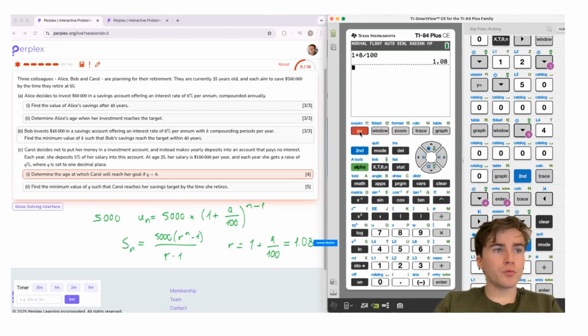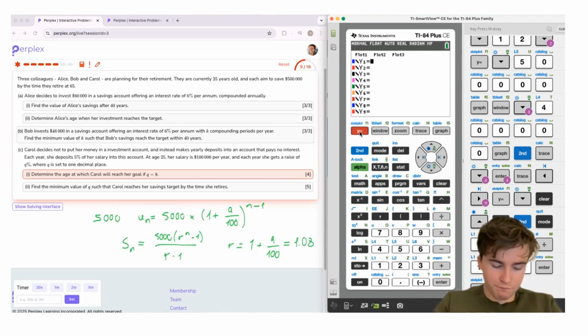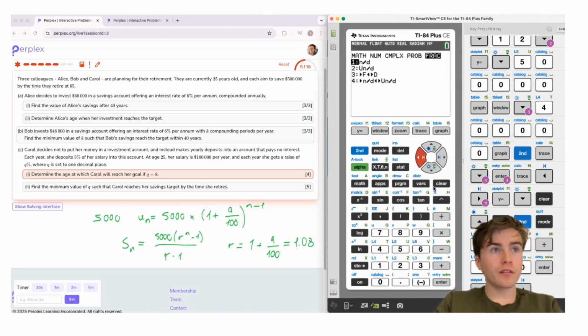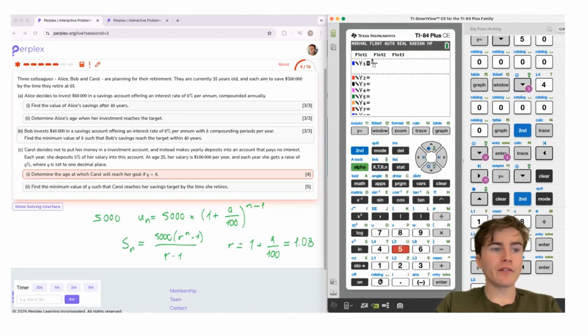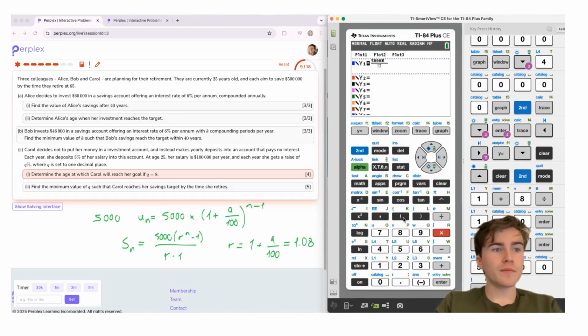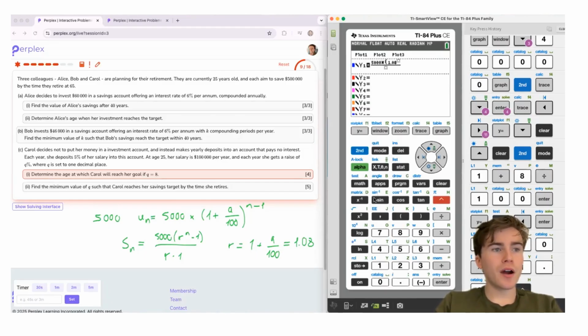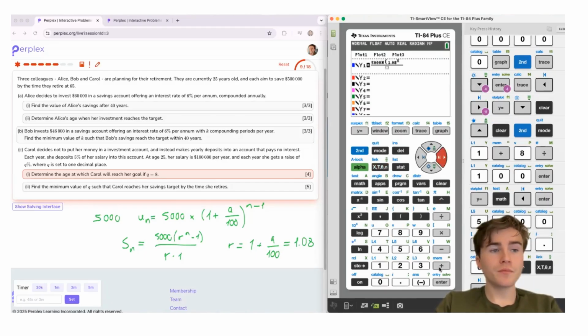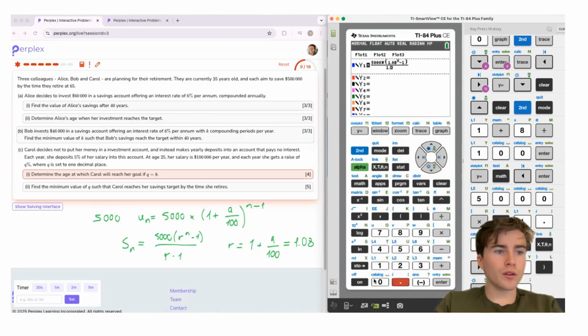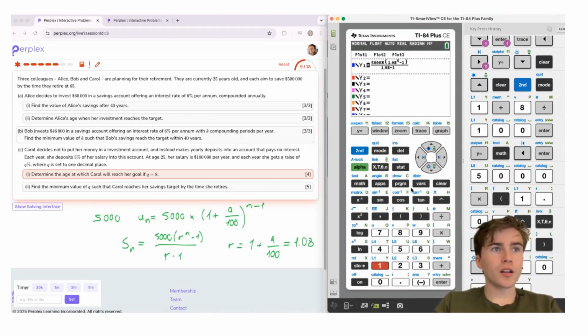And now if I go to my function, I can write out what the sum for the first n is. So I'm going to have 5,000 times, and r is 1.08. Put that to the power of x instead of n. I'm going to subtract 1, like in the formula, and in the bottom, 1.08 minus 1.